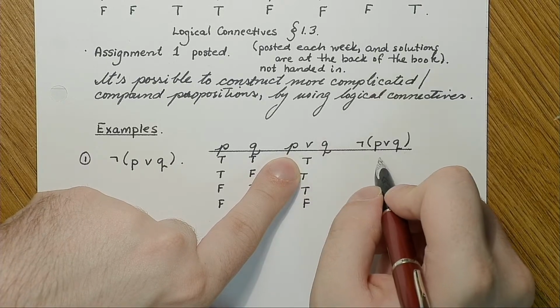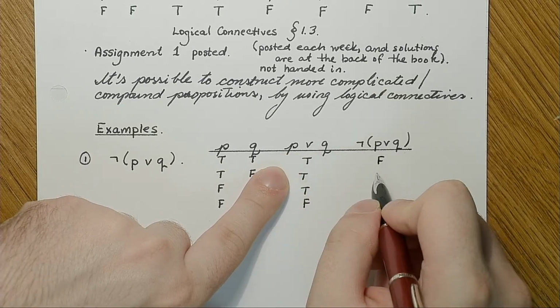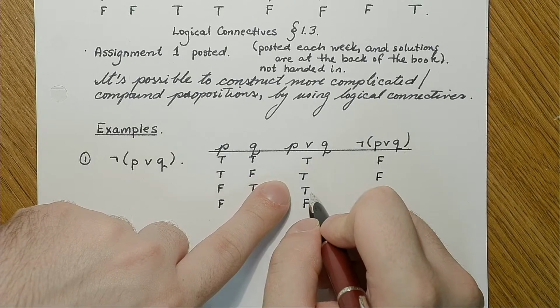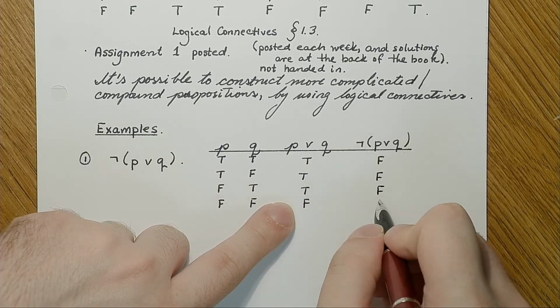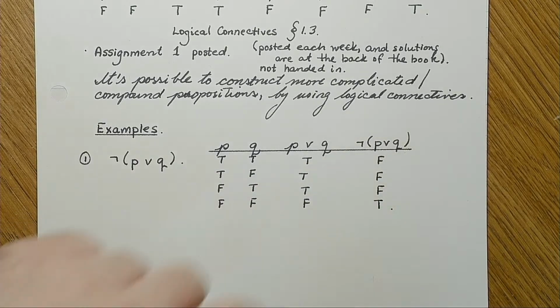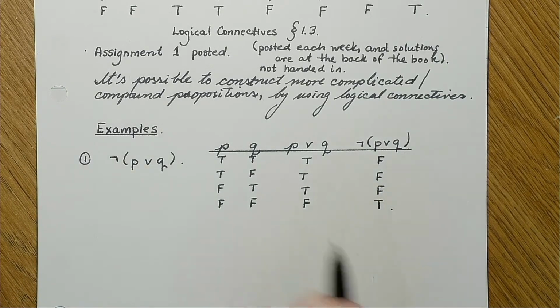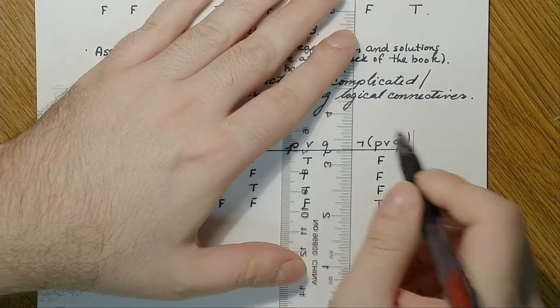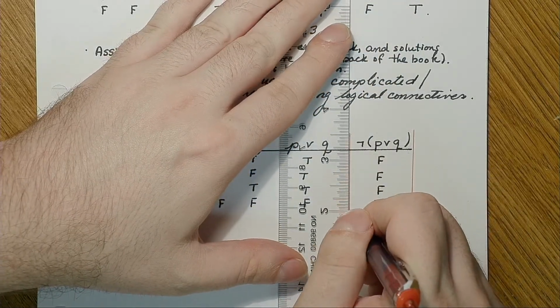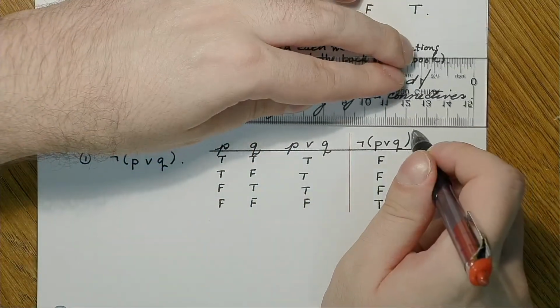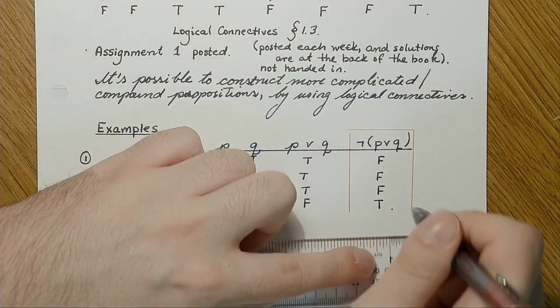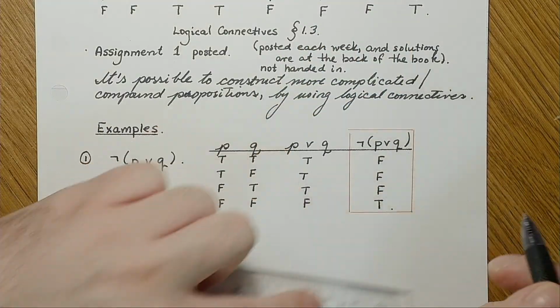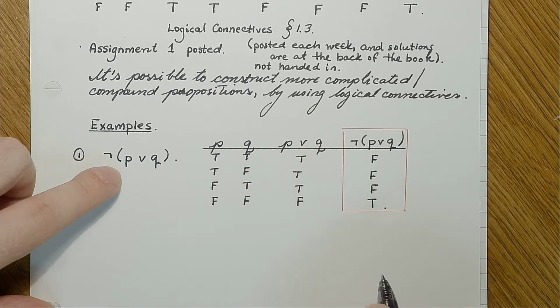T becomes F, T becomes F, T becomes F, and F becomes T. So right there, this is the truth table for that compound proposition, the negation of P or Q.